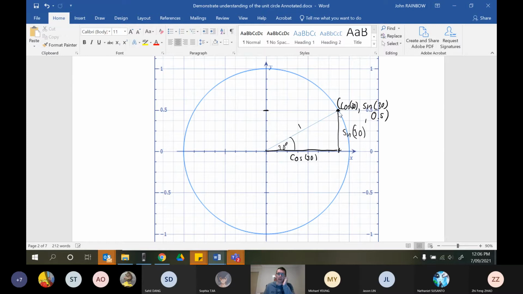So the point here on the unit circle is root 3 on 2. That point there has a coordinate of root 3 on 2 and a half at 30 degrees. So that is the coordinate for 30 degrees or pi on 6.